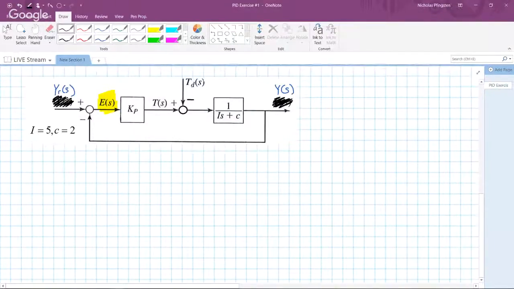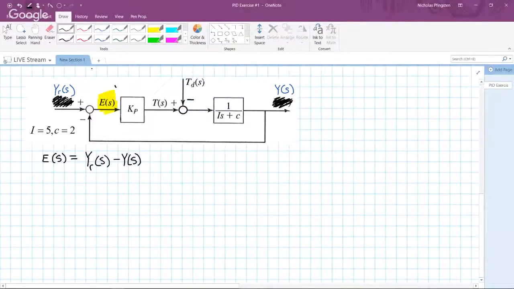You have a summing junction here, and that summing junction is like the junction rule from electrical systems. So you have your error function, which is your capital Y sub R of S minus capital Y of S. Okay, so there's that.